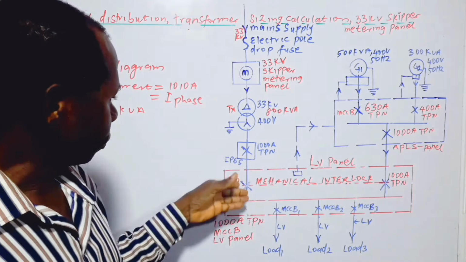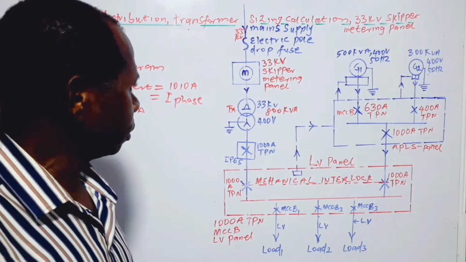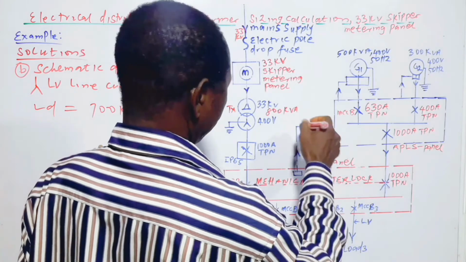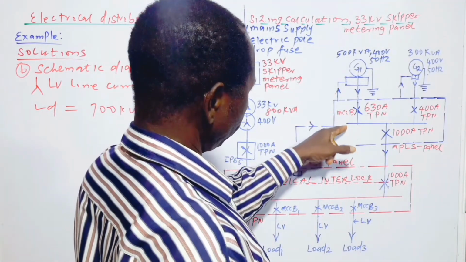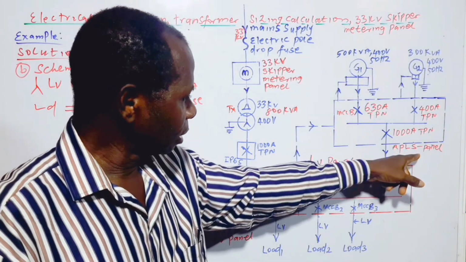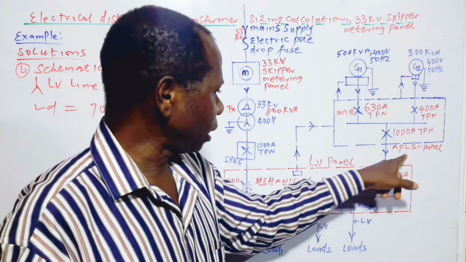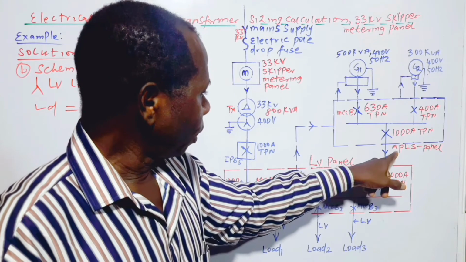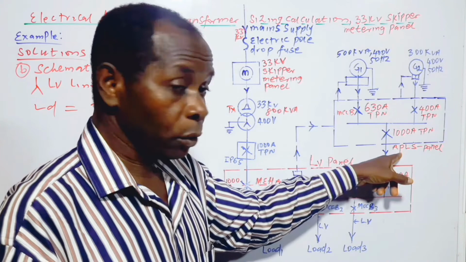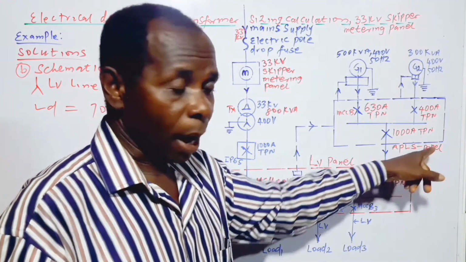When there is a mains failure, there will be a sensing signal from this panel to this APLS panel. This means automatic mains failure panel, and it also serves as a phase sequence panel, as load shedding, and as a synchronizing panel as well.